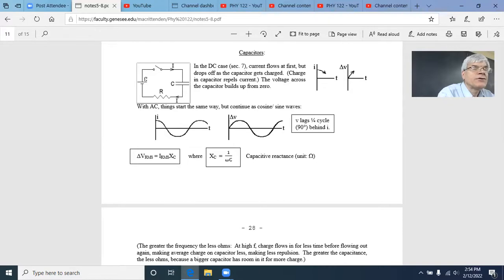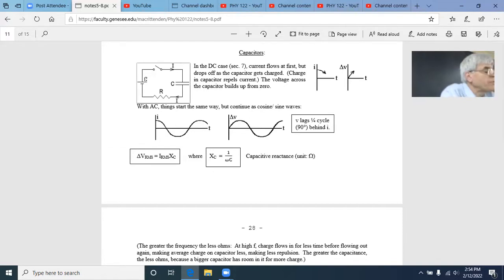The more charge you let accumulate on that capacitor, the more pushback electrons get as they try to flow out of the battery. And so it drops off. Less and less current as you let more and more charge accumulate on the capacitor. So anyhow, as the voltage goes up, the current goes down. That was true from the DC circuits we were looking at last week, the RC circuits with direct current in them.